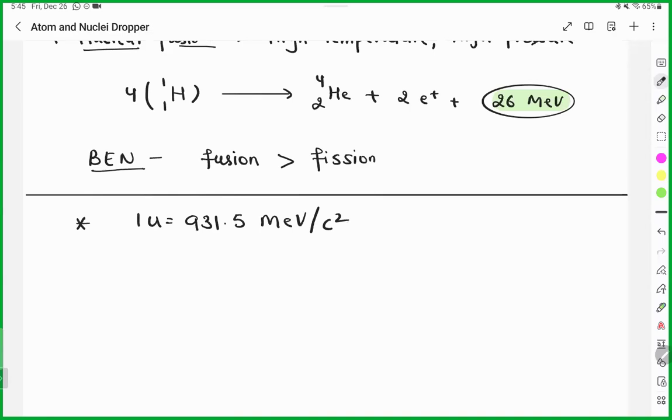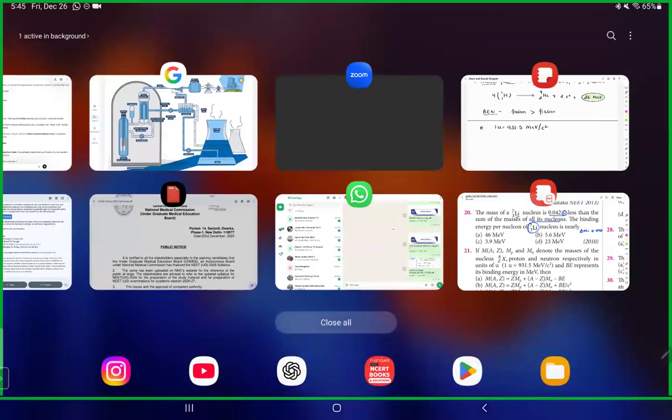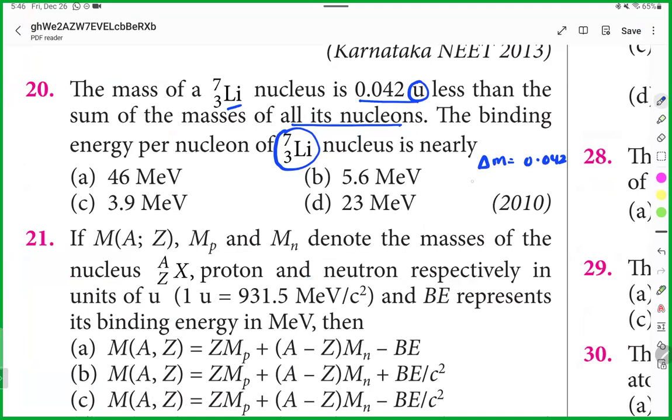Okay. So if you know this value, now you can calculate. If this is the value, how to calculate delta M? 0.042 into 931.5. If you do calculation, it will be around 40. This is the answer because this is given divided by C square, and you know your energy is equal to mc square.